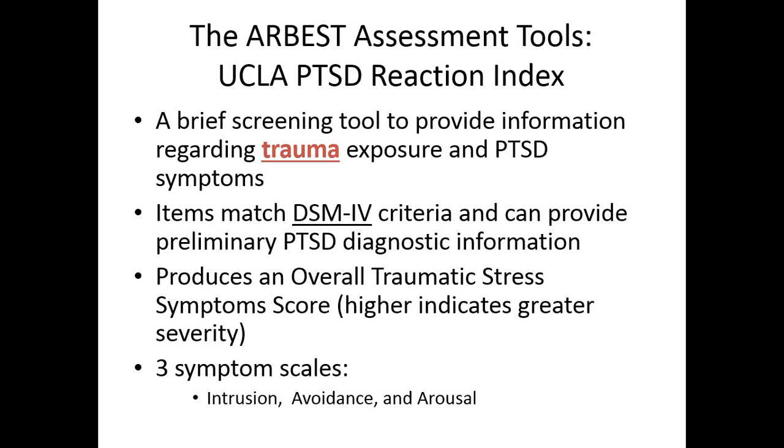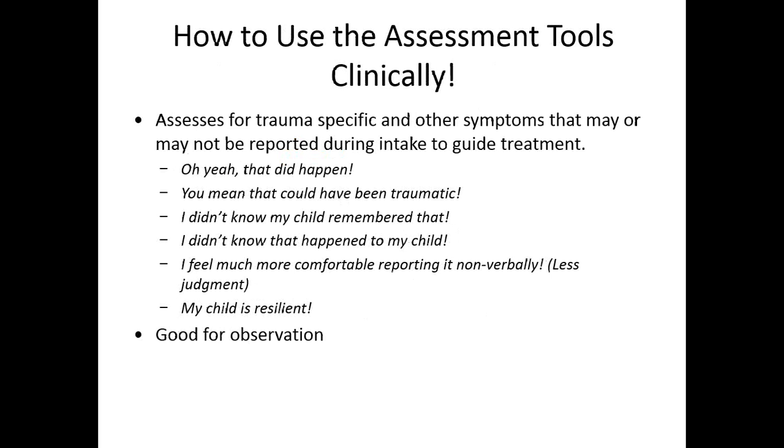If you're on the consultation calls, or working with a kid who had a UCLA done, and you ask for the scoring, anything that's 38 or above is probably a good likelihood that that kid has enough symptoms to warrant a PTSD diagnosis. That's really simplifying it, but that's the cut score that folks kind of get stuck on. So, 38 or above.